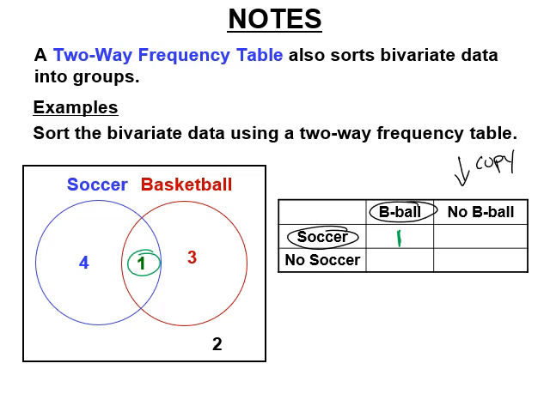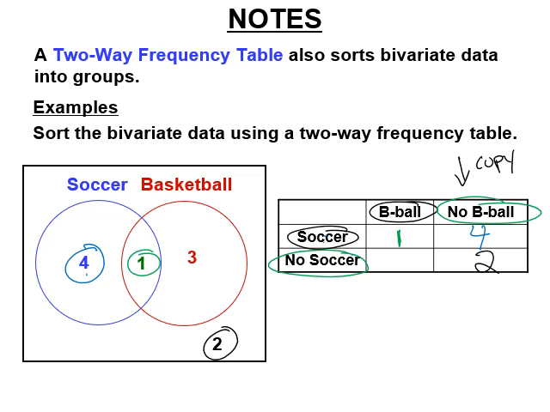Then let's do the people who did not play soccer, did not play basketball. That's this 2 right down here. Now we're going to look for the people who played soccer, yes for soccer, but no for basketball. So soccer, but no basketball goes there.